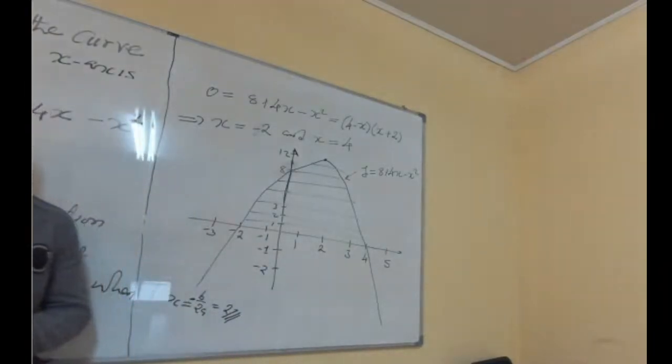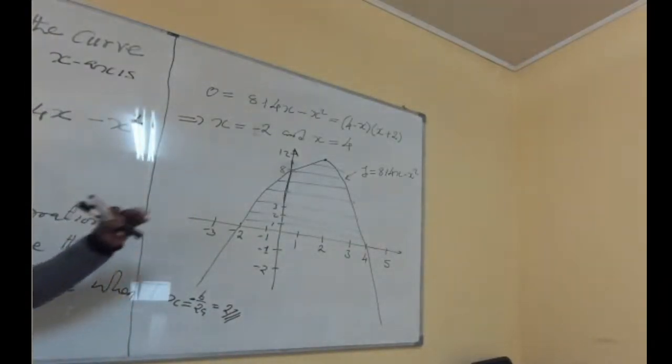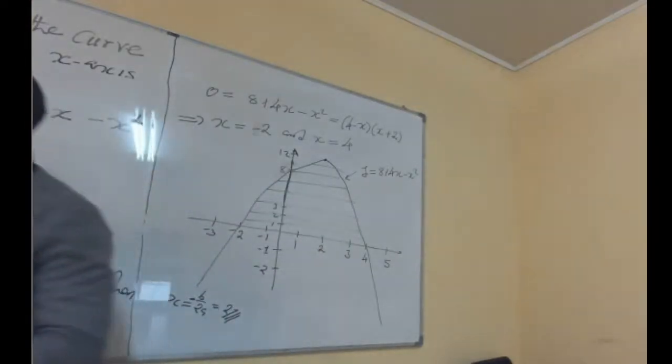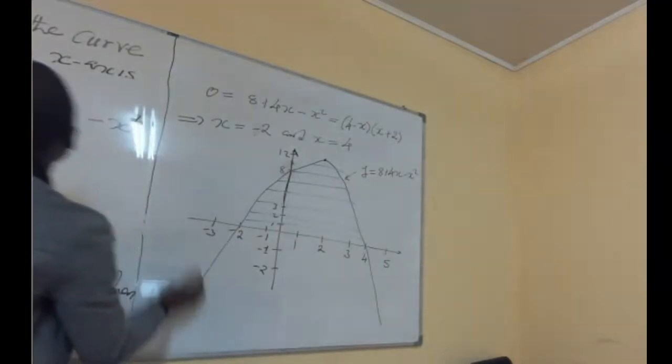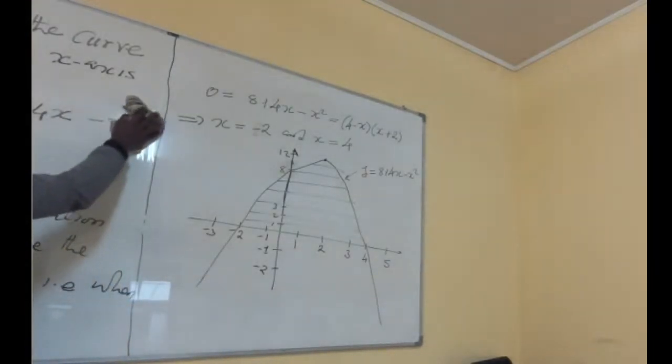Now, because this area is under this curve, using the formula of the area under the given curve, it means that we are going to have, I'm writing this part.